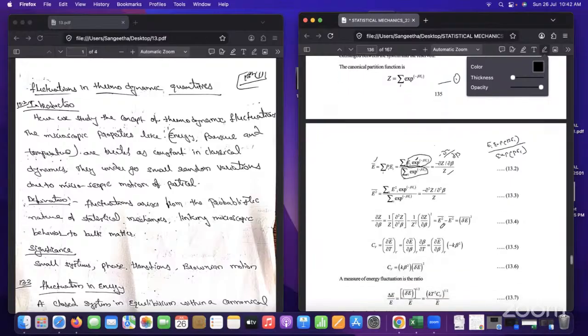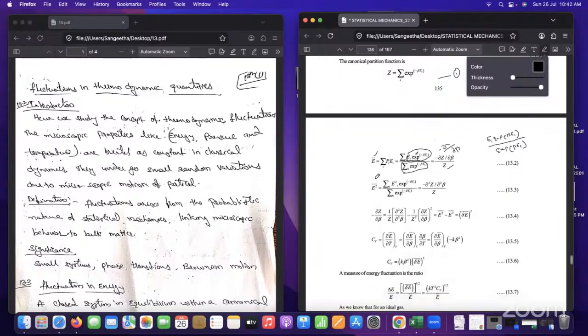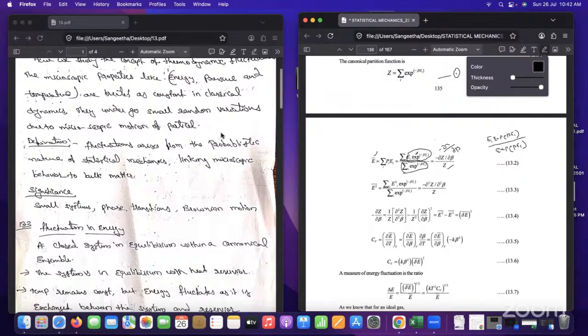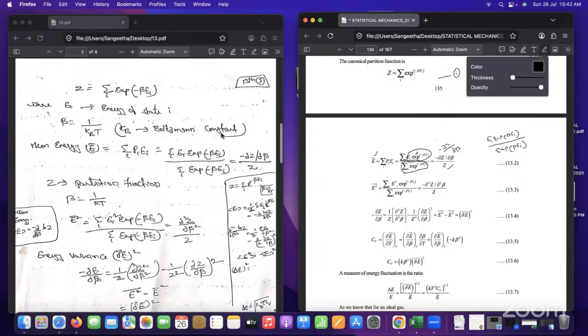Now I am squaring the 13.2 equation. After performing the square, what will we get? E square of the partition function. We can write E square times the exponential; the derivation is written beside. What we have here is E square times the same exponential term over the denominator times the same exponential function.